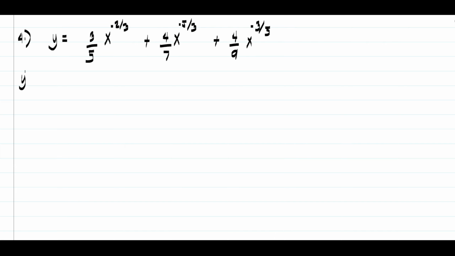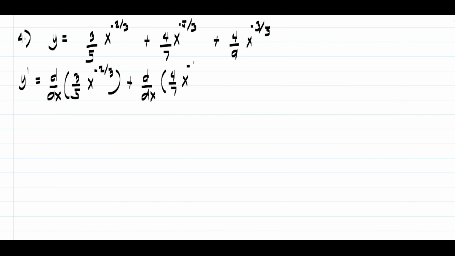So let's start having y prime equals the derivative of 3 over 5, x raised to negative 2 over 3, plus the derivative of 4 over 7 x raised to negative 5 over 3, plus the derivative of 4 over 9 x raised to negative 3 over 5.